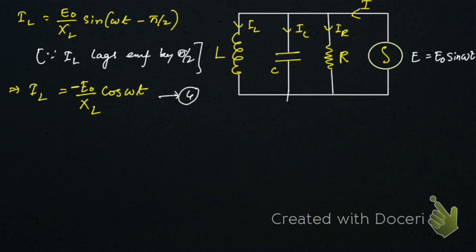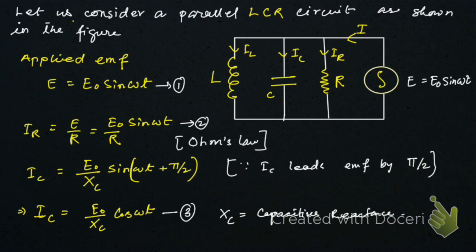And one more thing, let me go to the previous slide. Here you can replace this XC, we know that XC is equal to 1 by omega C, so you can write this equation as E naught omega C. Now let me go to the next slide.